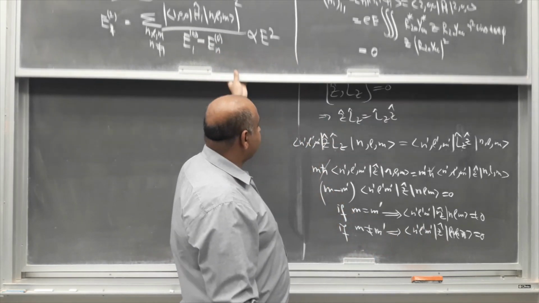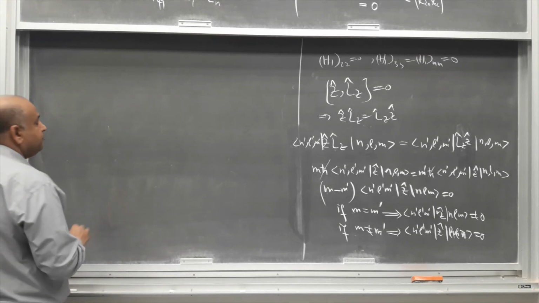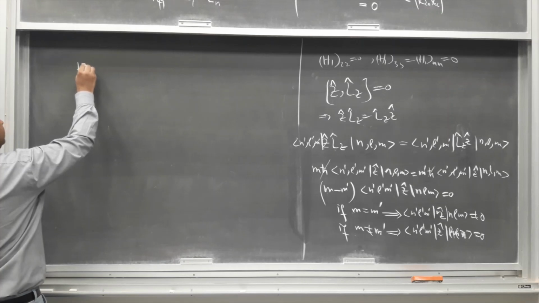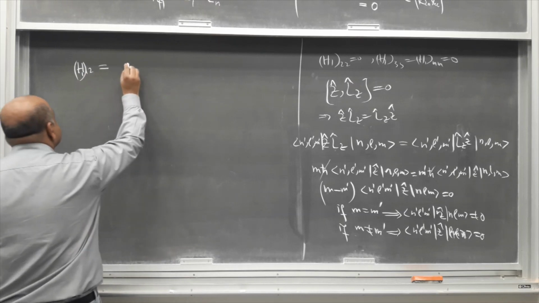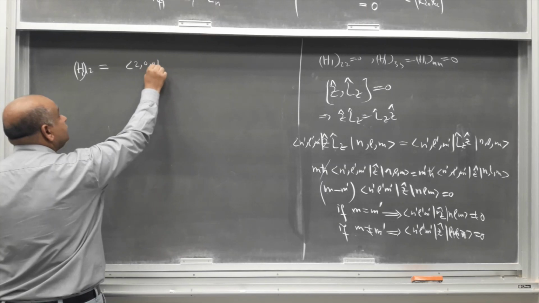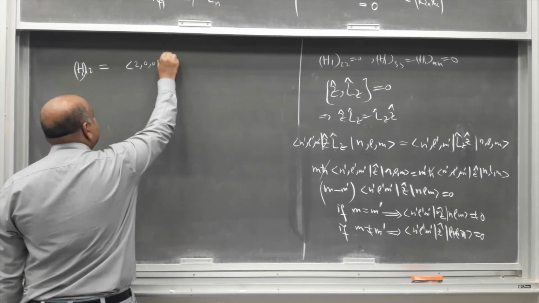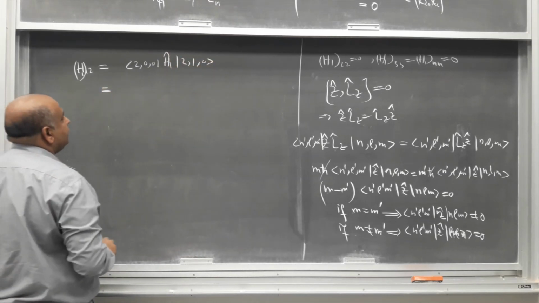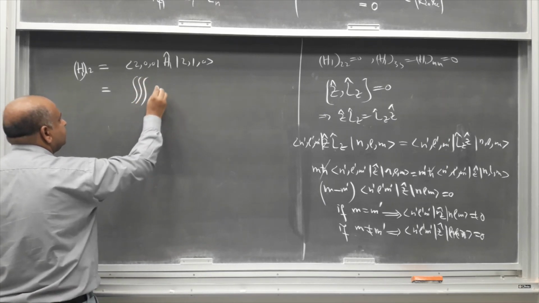So it means now that in my matrix, I only need to evaluate the H12 term, which is nothing but ⟨200|H1|210⟩, and I can write it like this.